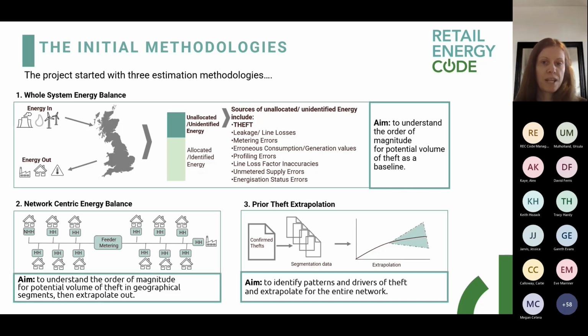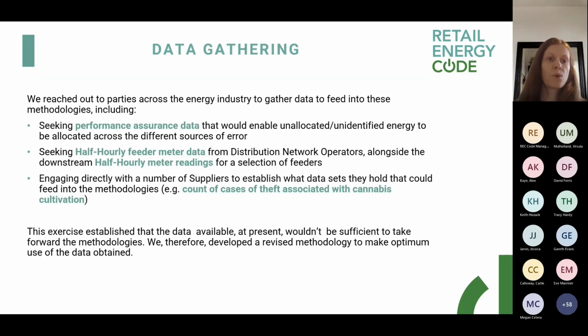So if we move to our next slide, we reached out to parties across the energy industry to gather data to feed into these methodologies. For instance, we sought performance assurance data that would enable unallocated, unidentified energy to be allocated across the different sources of error. To give one example, is there metering audit data that would indicate the likelihood of metering system errors occurring, the associated volume and the direction of those errors.